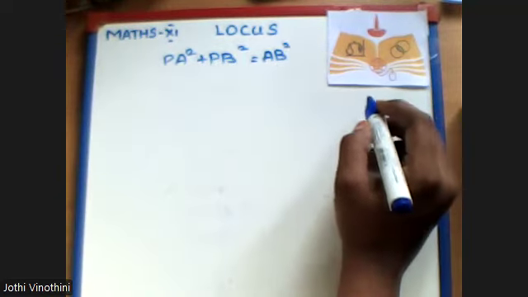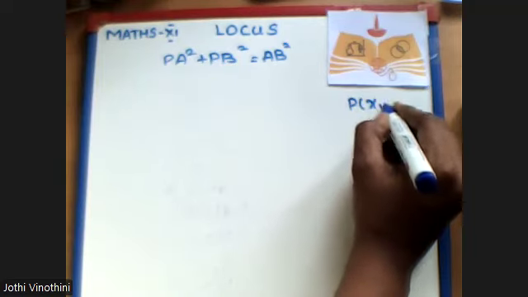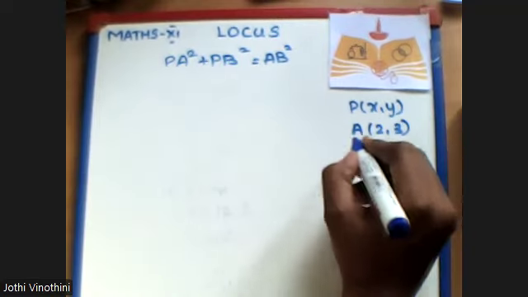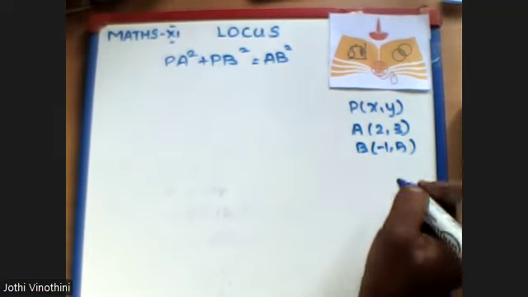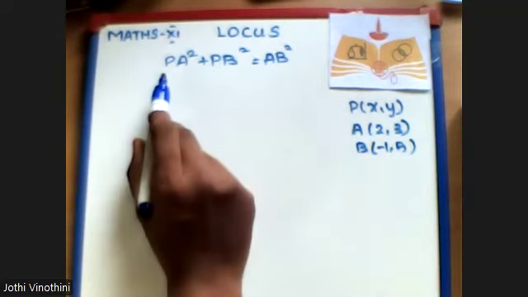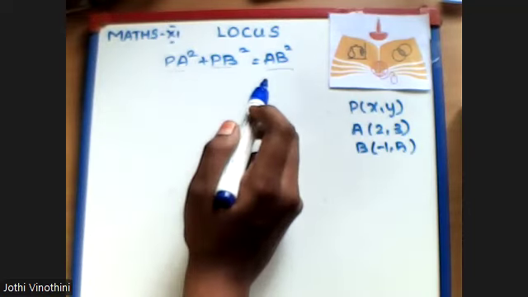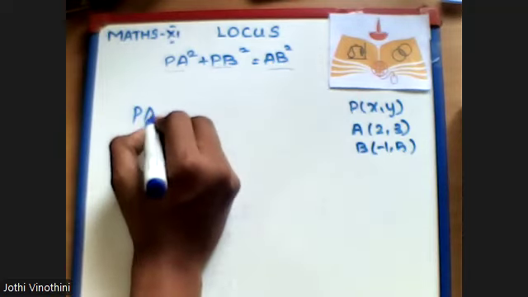What are the coordinates? P is x, y. For A, 2, 3. For B, we have minus 1, 5. So to start solving, we have to know what is PA, PB and AB. So now we start from PA.